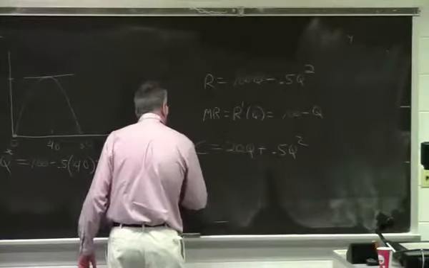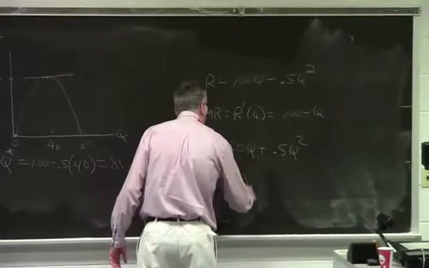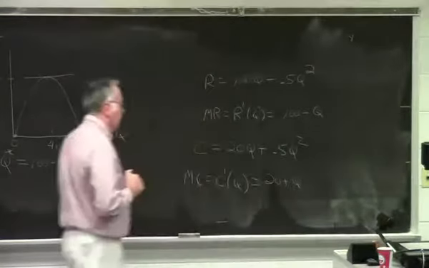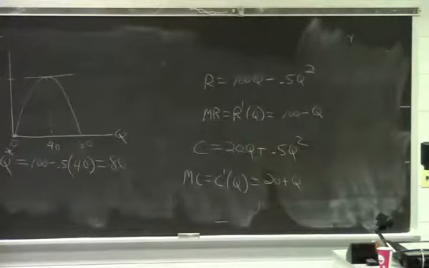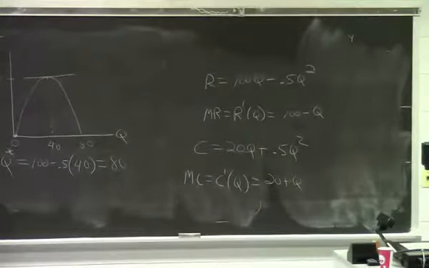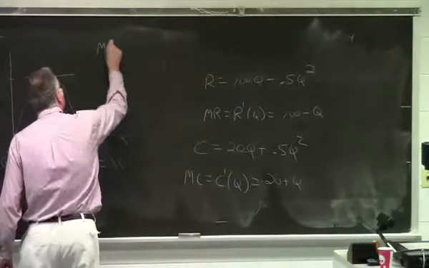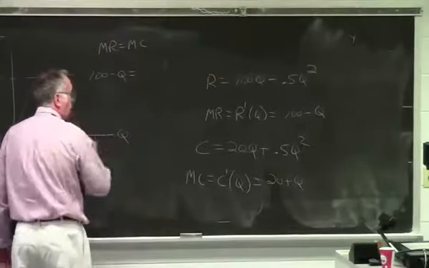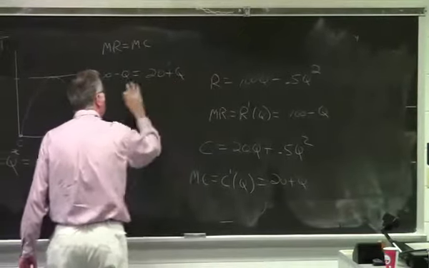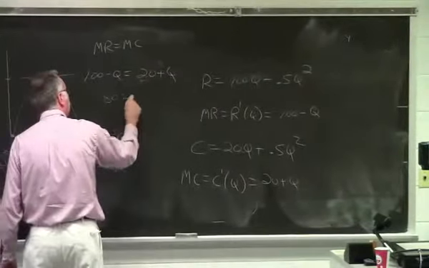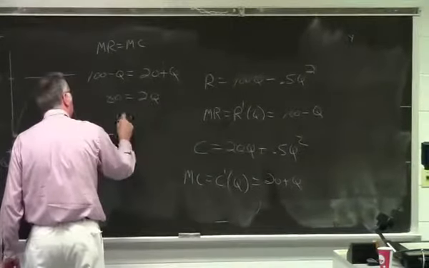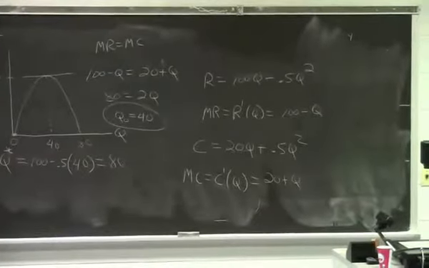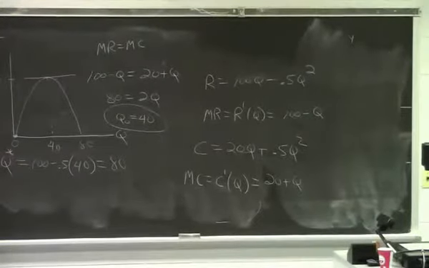So marginal cost, which is C prime of Q, is just 20 plus Q. If we equate marginal revenue, marginal cost, we get 100 minus Q equals 20 plus Q. Add Q to both sides, subtract 20 from both sides, divide by 2, and we get this critical value, Q equals 40.